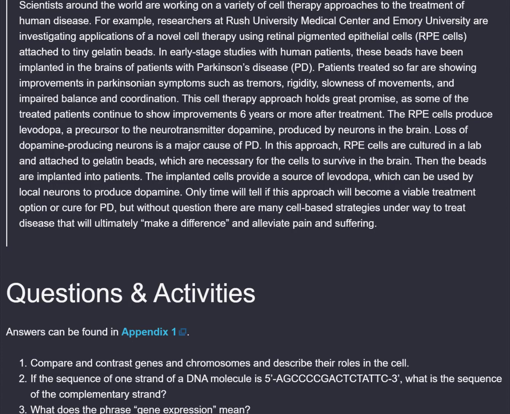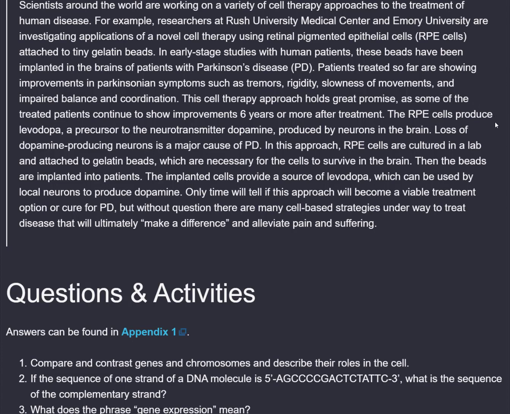In early-stage studies with human patients, these beads have been implanted in the brains of patients with Parkinson's disease, PD. Patients treated so far are showing improvements in Parkinsonian symptoms such as tremors, rigidity, slowness of movements, and impaired balance and coordination. This cell therapy approach holds great promise, as some of the treated patients continue to show improvements 6 years or more after treatment.